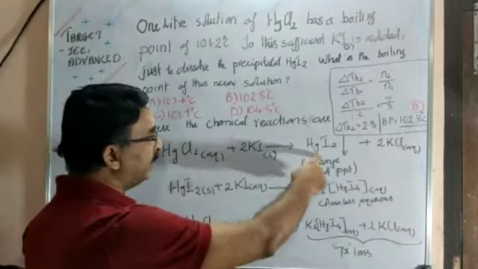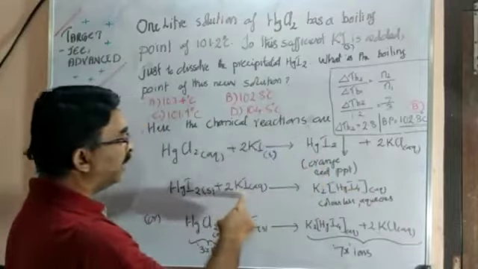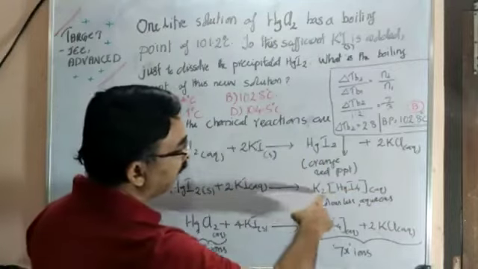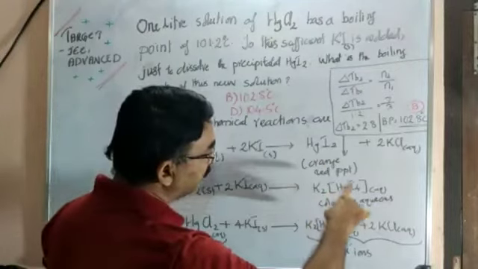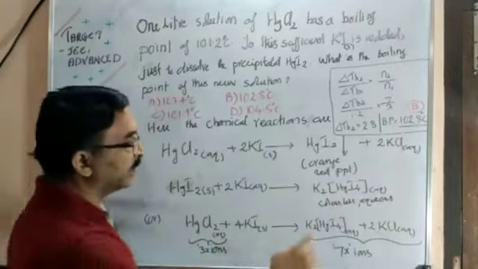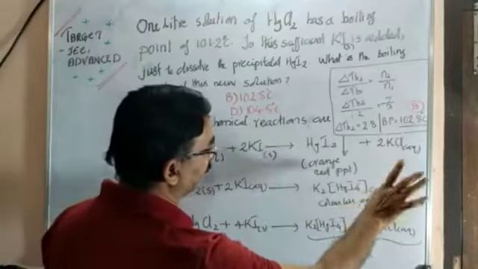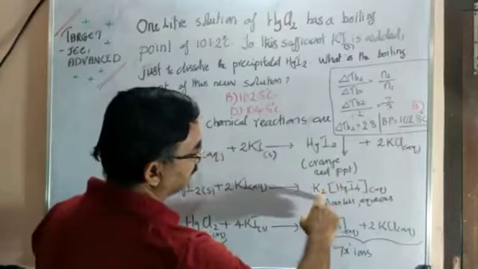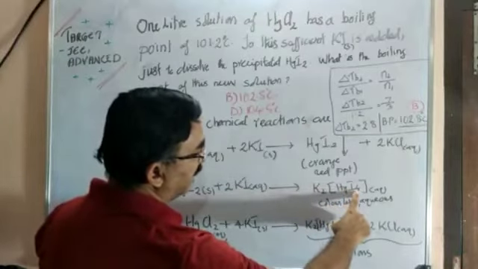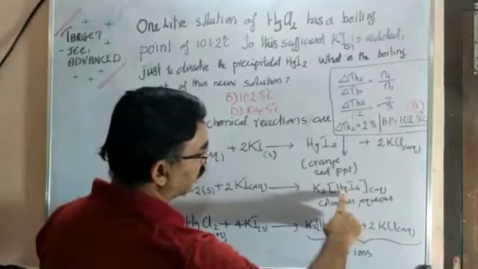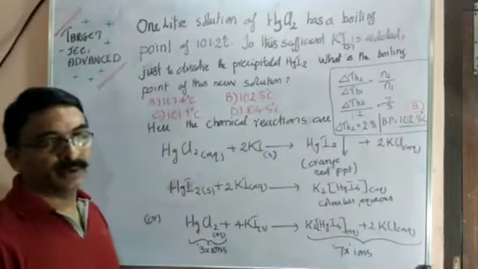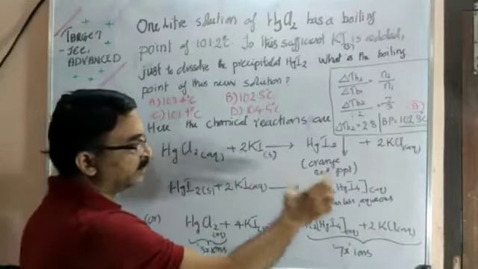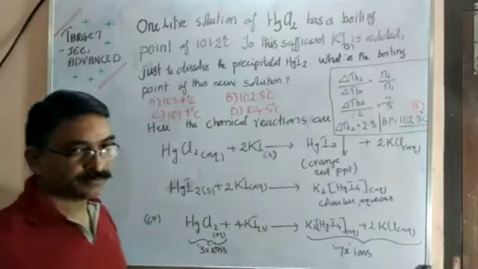Now the precipitated mercuric iodide, upon adding more potassium iodide, reacts forming a water soluble colorless complex, K2HgI4. Its name is potassium tetraiodidomercurate(II). Okay.